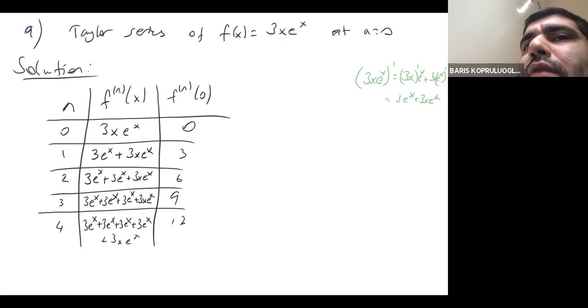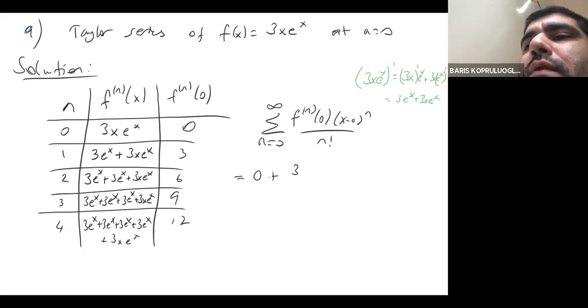Now we can write out this Taylor series real quick. It will be 0, we don't need to worry about that. And then 3 times x over 1 factorial, 6x squared over 2 factorial, 9x cubed over 3 factorial, and 12x to the 4th over 4 factorial.